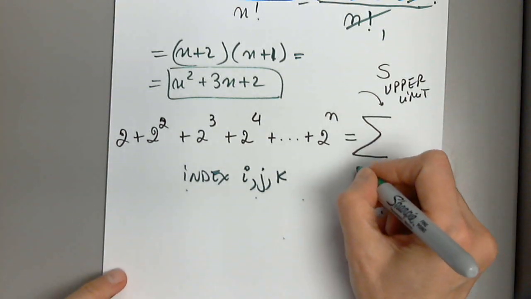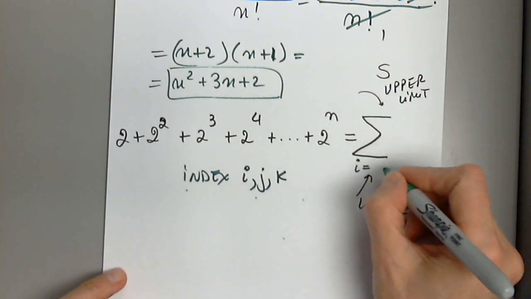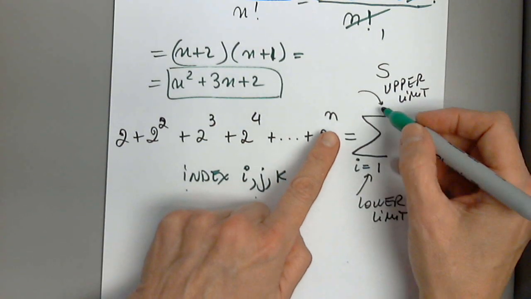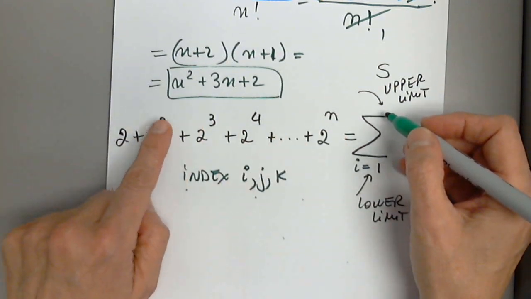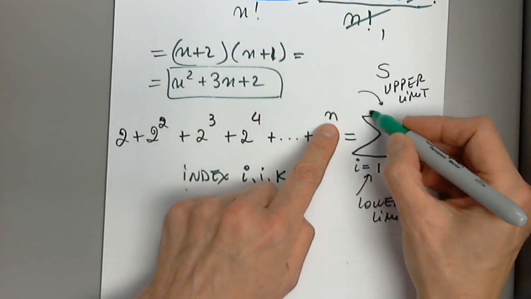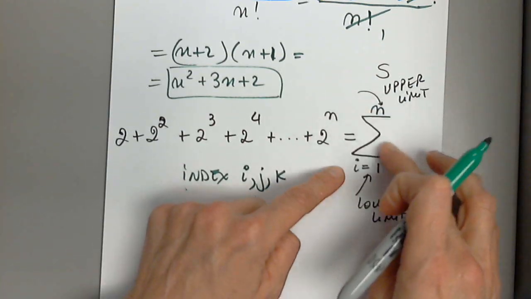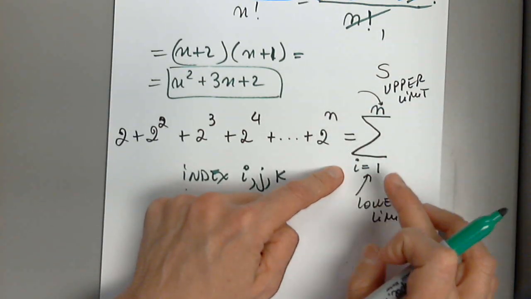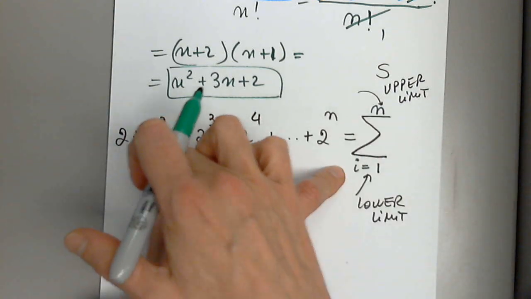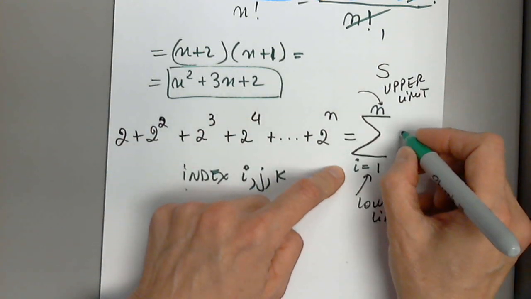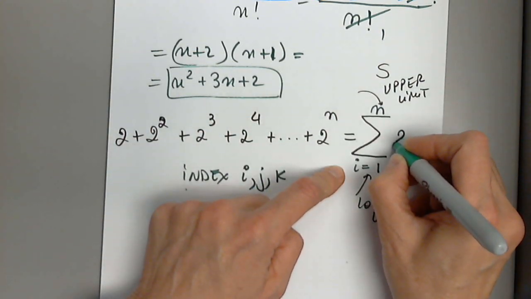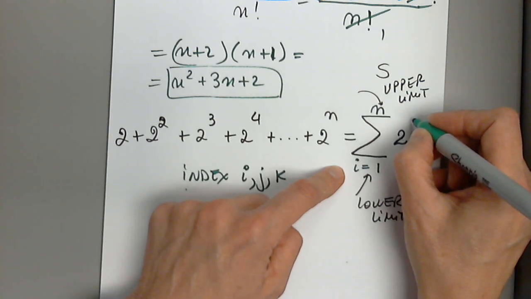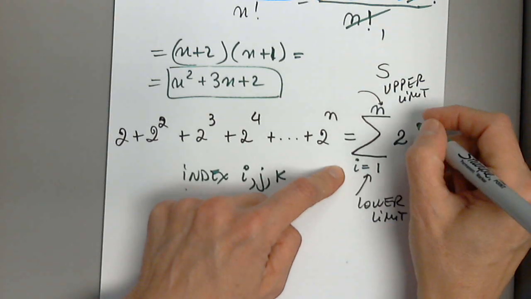If we use i, it goes from 1 to n. So we say the sum from i equals 1 through n. What is the base of all these numbers that does not change? And what is the power? Well, it has to be the index.